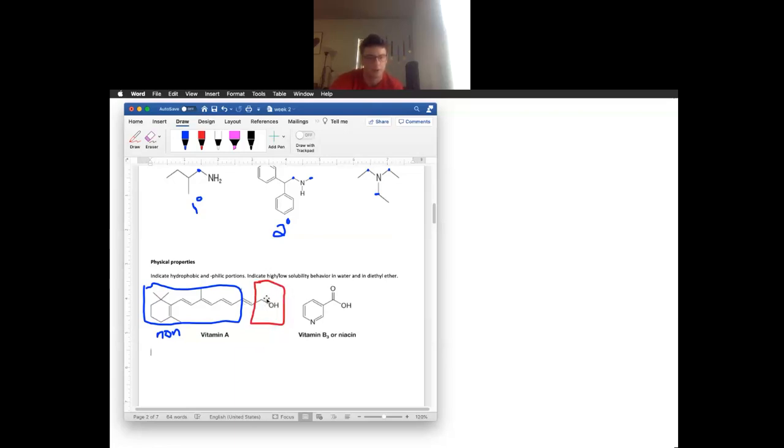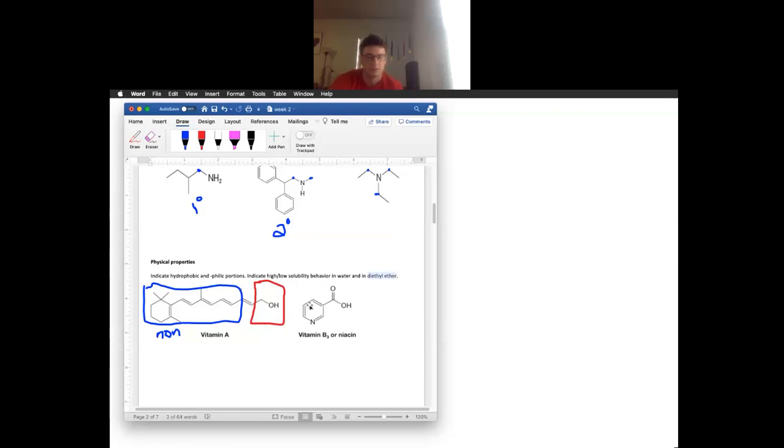So this alcohol is making this side of the molecule more polar than the rest, and so this side has a higher solubility in water. And of course, diethyl ether is not polar, so it would just be vice versa if you're doing it for that.